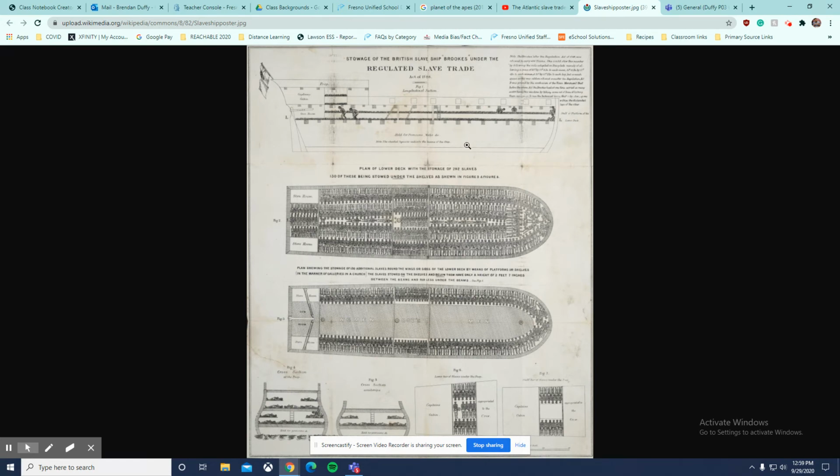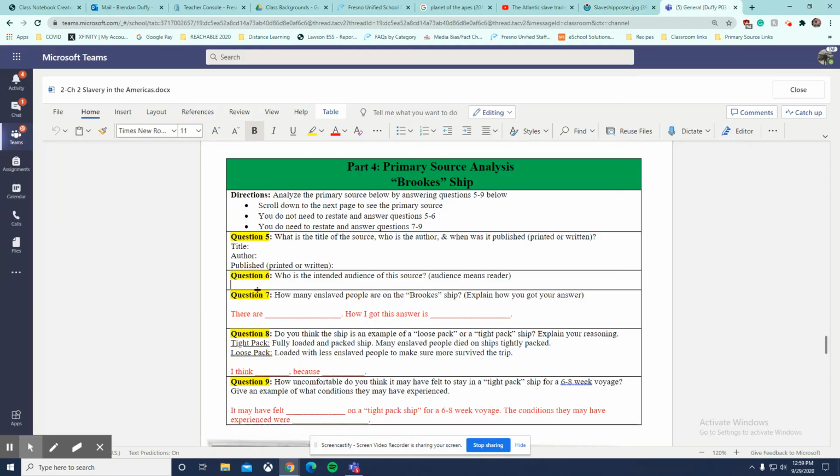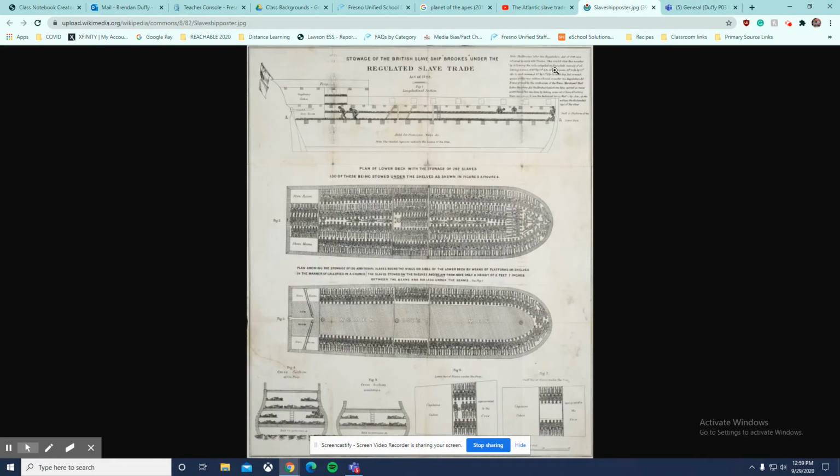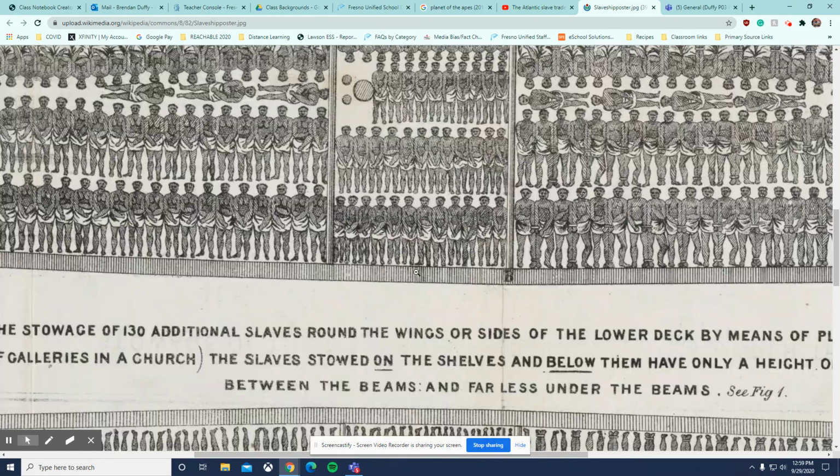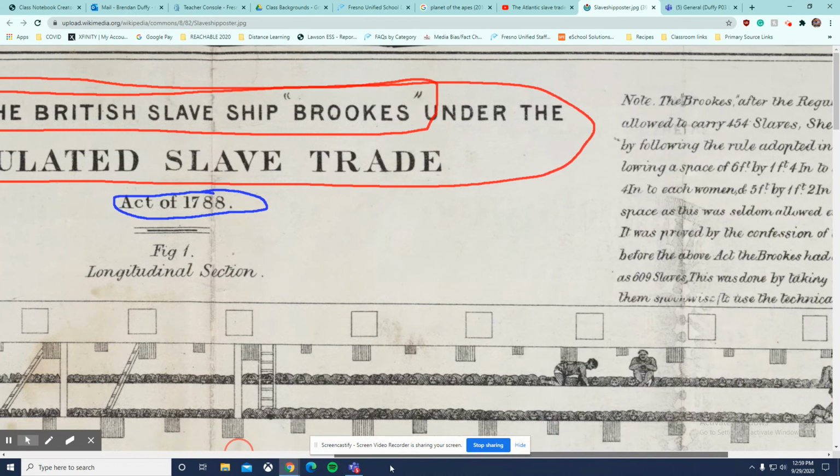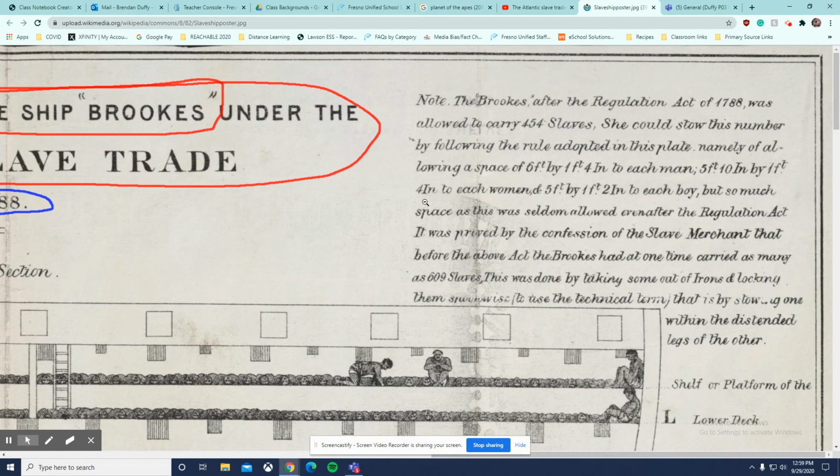Okay. If you weren't too sure or you're getting stuck, don't delete what you wrote for your guess. This might be something that would be shown off to people who want to rent the ship, right? So you want to rent a slave ship. This one is going to show you how many people it fits. It could also possibly be a legal document that these people had to register. If we look up here, it sounds more like it has to do with registry, because it said it was allowed to carry 450 slaves, right?